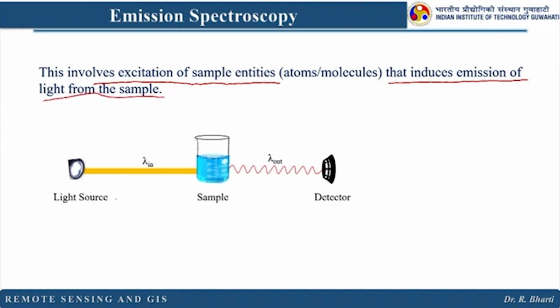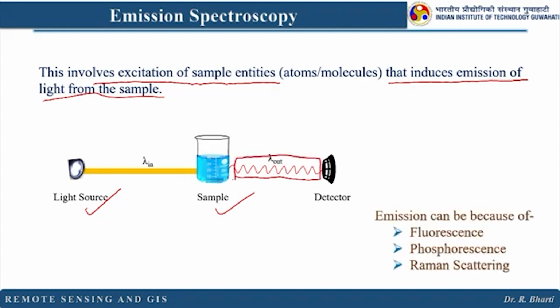So here again there is a light source and a sample, and assuming everything is absorbed and there is no transmittance, we are only using an instrument which can measure the emitted information. The emission can be because of fluorescence, phosphorescence and Raman scattering.